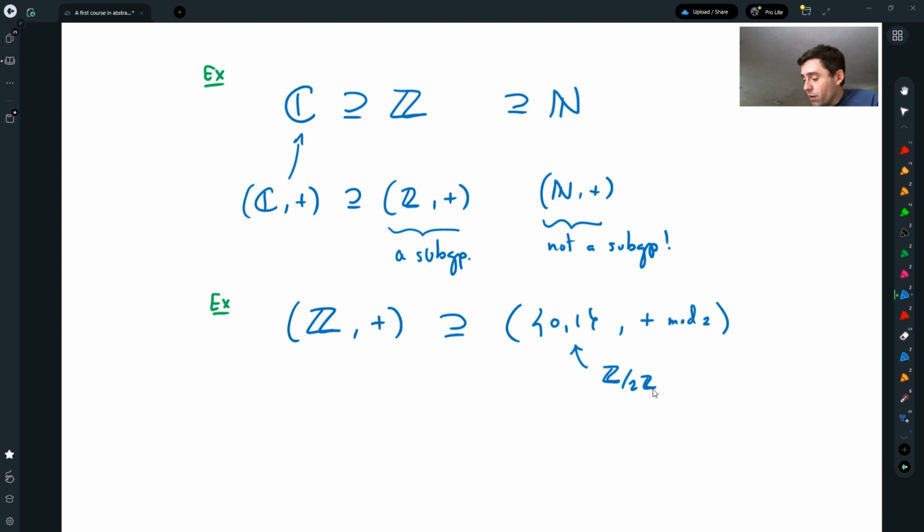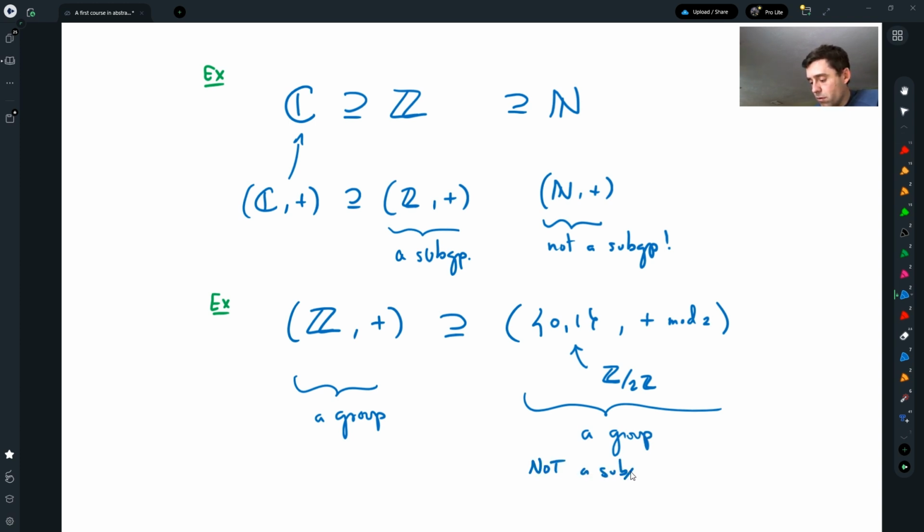So this is a group, but this is not a subgroup of (Z, +), because they do not share the same operation.